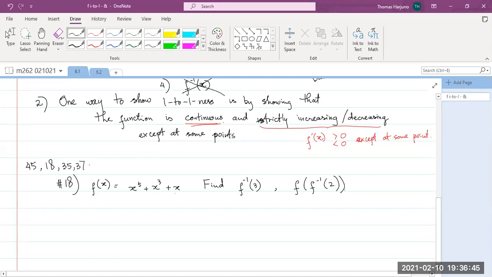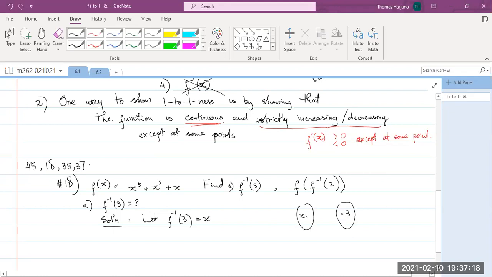Okay, part A: what is f inverse of 3? Solution. Let f inverse of 3 equal x. Basically, if the output is 3, what is the input?